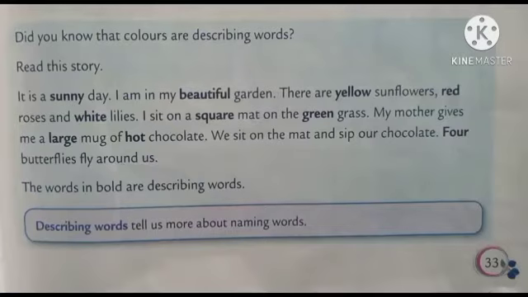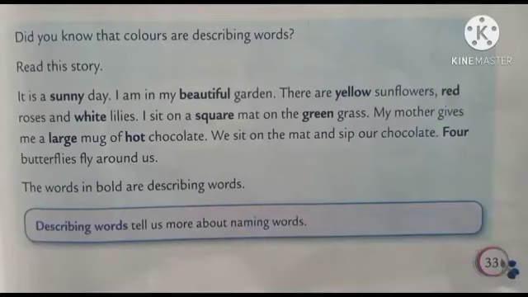Now, children, in the first sentence, the noun over here is day. What kind of day it was? Sunny day. So, the word sunny is describing the noun day.